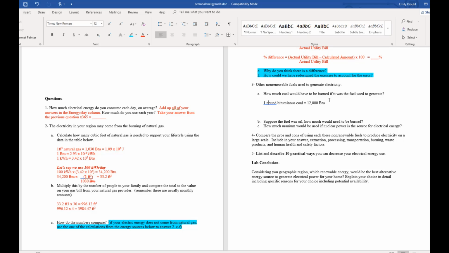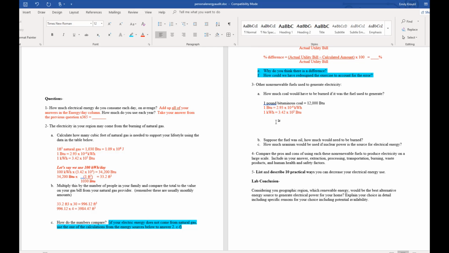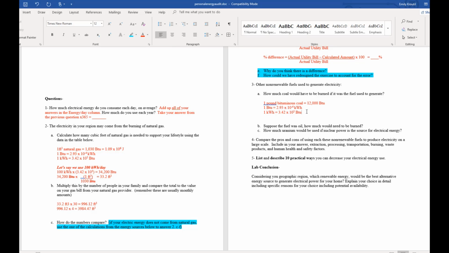You'll still use these numbers. Okay, so you'll do the same calculations you did before, like you did with the 100 kilowatts a day, except instead of putting the natural gas number in here, you'll put the coal number in here. That's the only difference. Okay, so that's how you'll do that one.